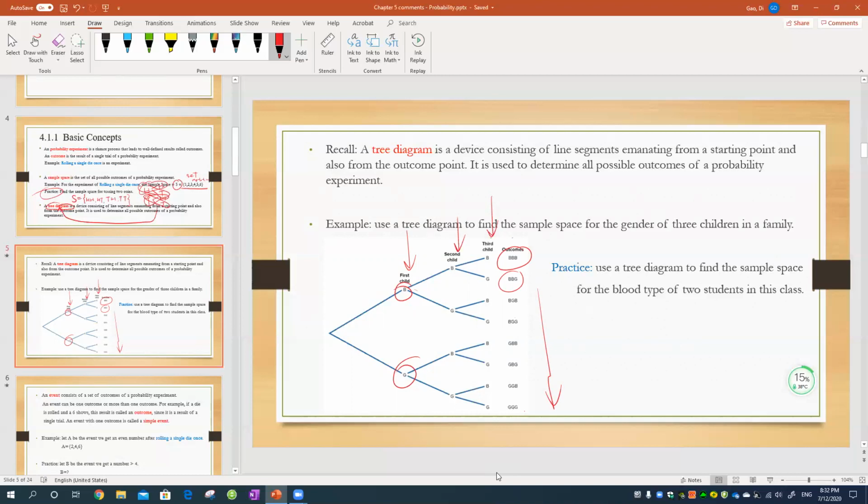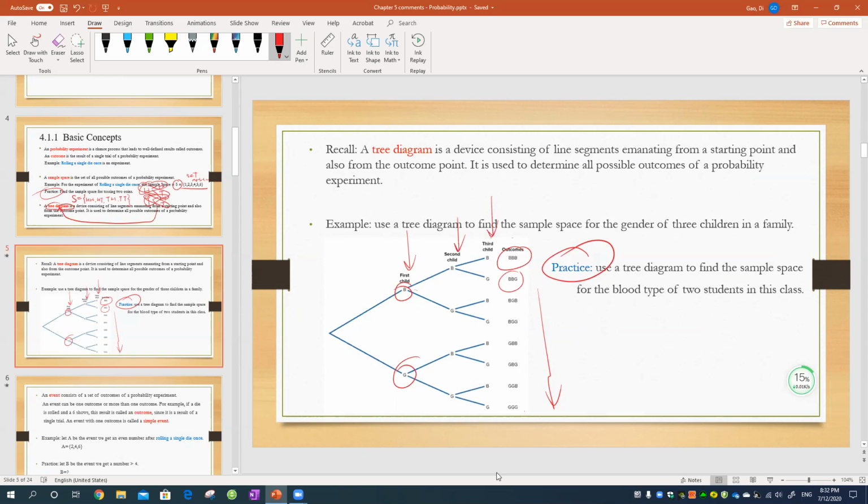Now let's look at the practice problem. Use a tree diagram to find the sample space for the blood type of 2 students in this class. Okay, so now let's see. For the first round, for this specific question, just the first student.